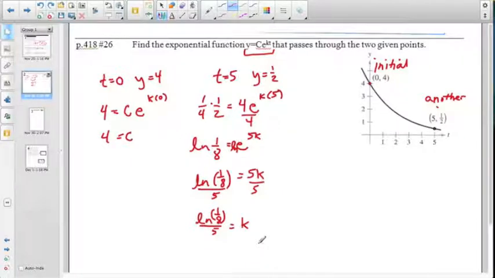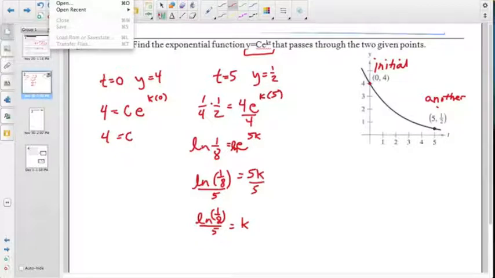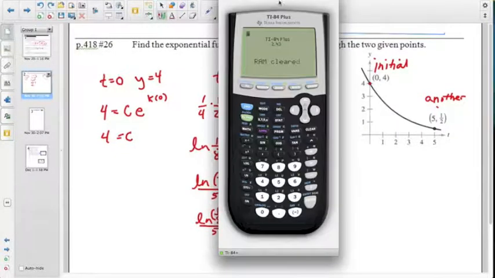And we could find a value for that. It wouldn't be a nice value, but we can go ahead and find that anyway. Let me get the calculator up here. There we go.